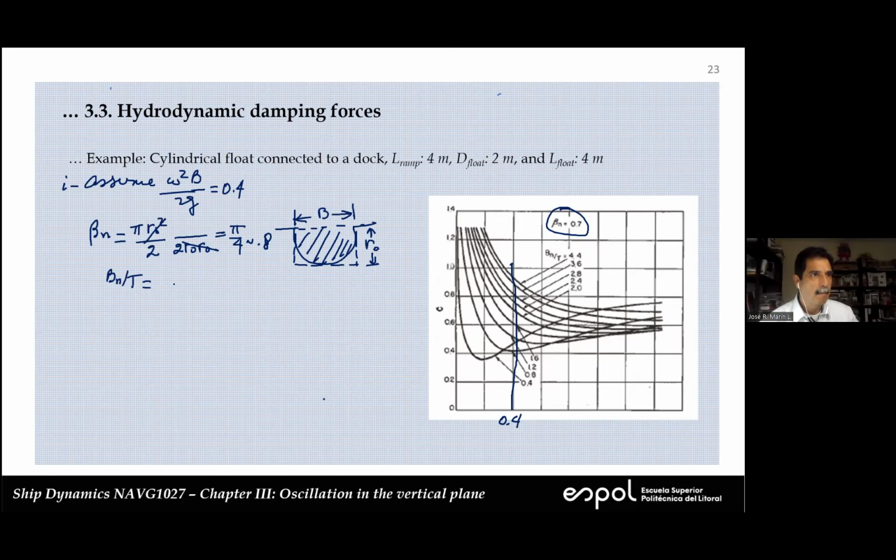From here to R0 and R0. How much is T? R0. So this is 2. Okay, we're here. So this is 1. So more or less we're here. So it's about 0.7.